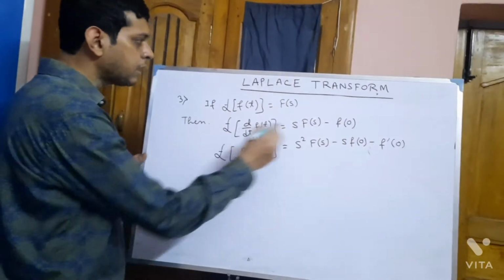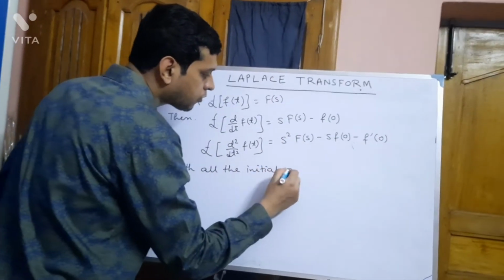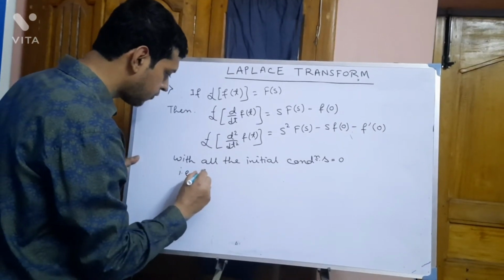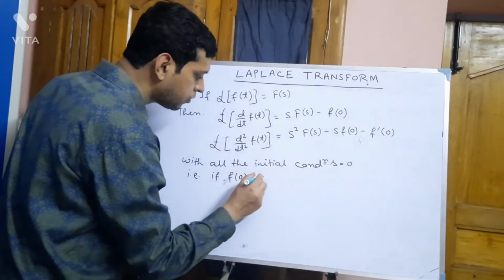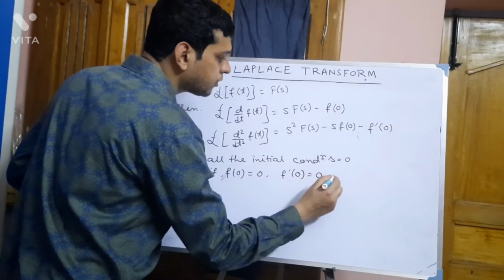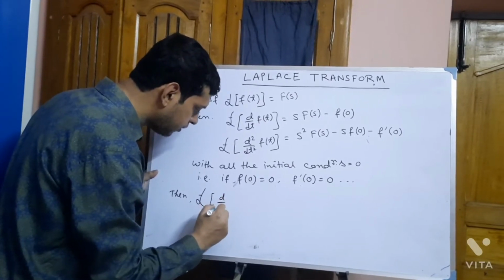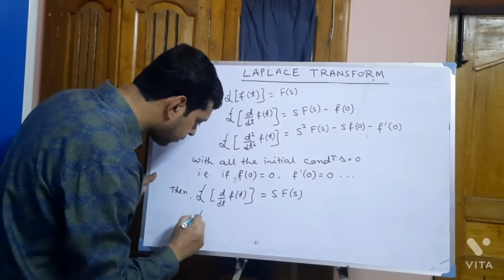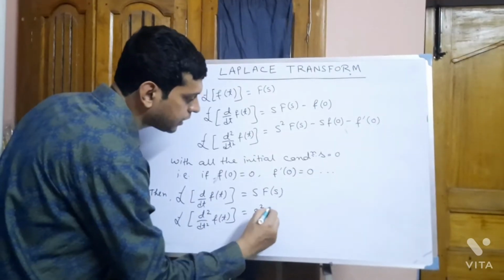Now, if all the initial conditions are equal to 0, that is, f(0) equal to 0, f dash(0) equal to 0, and so on, then the Laplace transform of d/dt of f(t) will be sF(s), and the Laplace transform of d square/dt square f(t) is s square F(s).